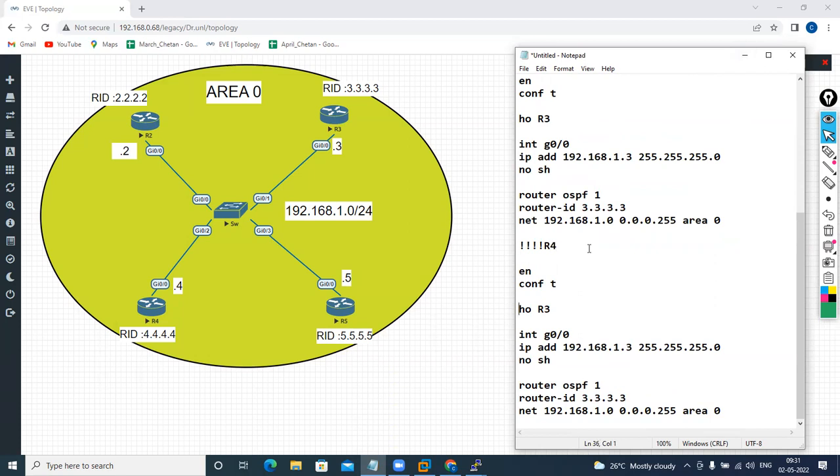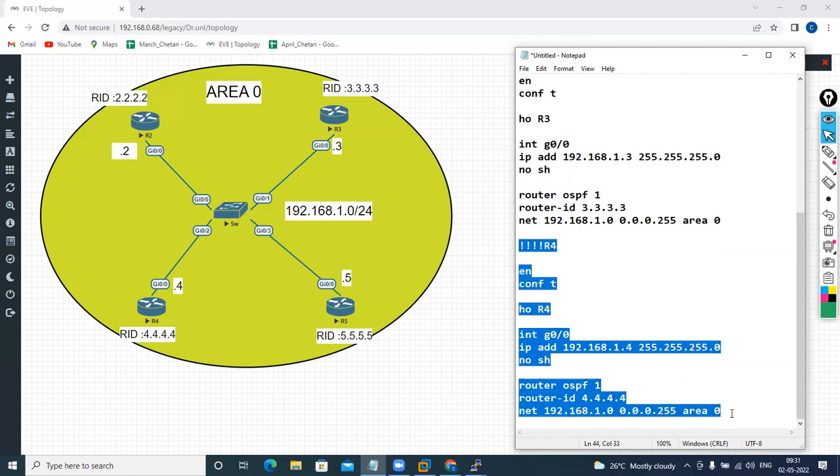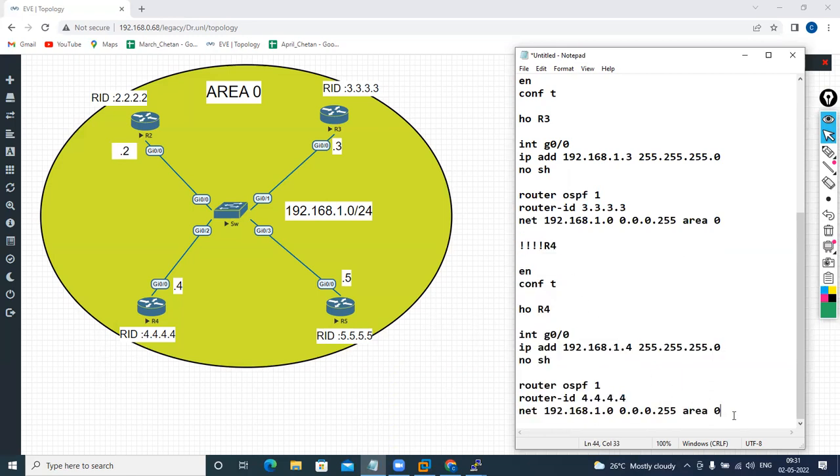On R4, interface 0/0 will be 192.168.1.4. Router OSPF 1, router ID will be 4.4.4.4. I need to enable OSPF on the directly connected network, that is 192.168.1.0, wildcard mask, and area 0.